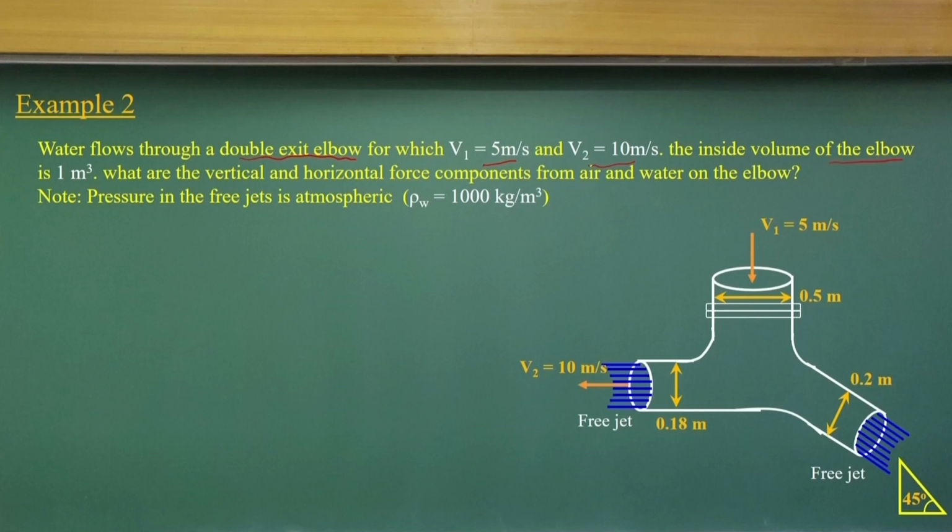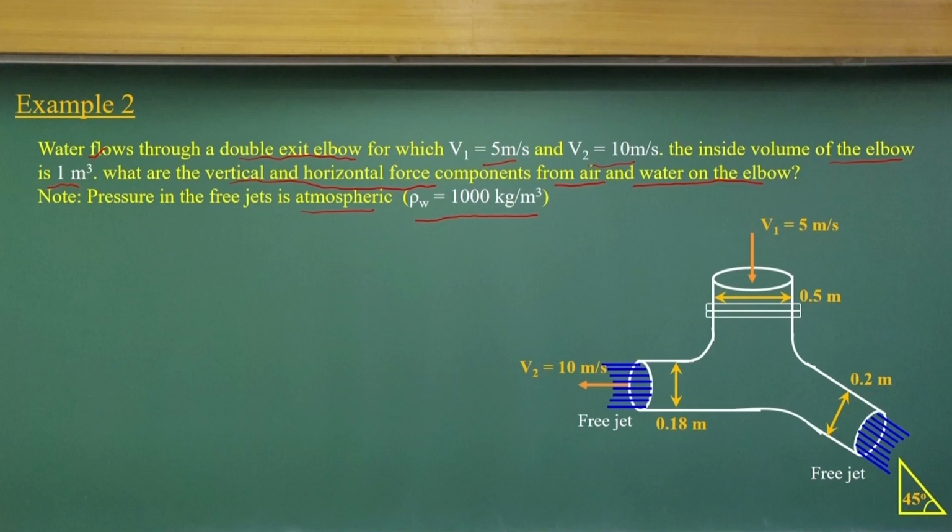The volume inside the elbow is 1 meter cube. What are the vertical and horizontal force components from air and water on this elbow? If the pressure in the free jet is atmospheric and the unit weight of water is 1000 kg per meter cube.